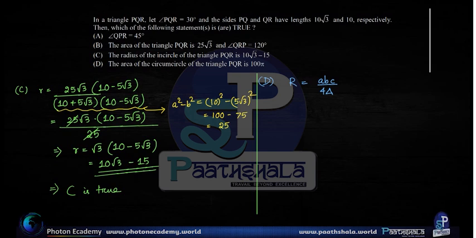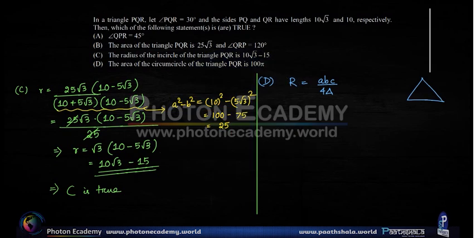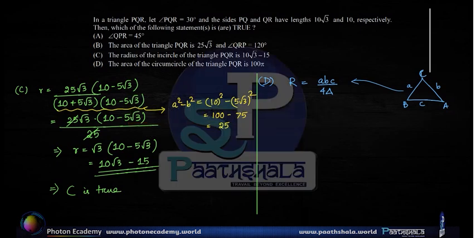Del is the area of the triangle. For this triangle we have R, capital R, which is the circumradius of the triangle, as ABC by 4 del.